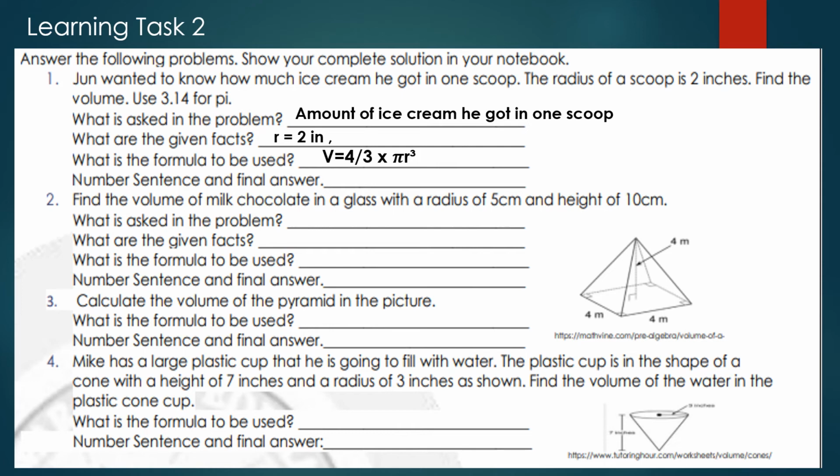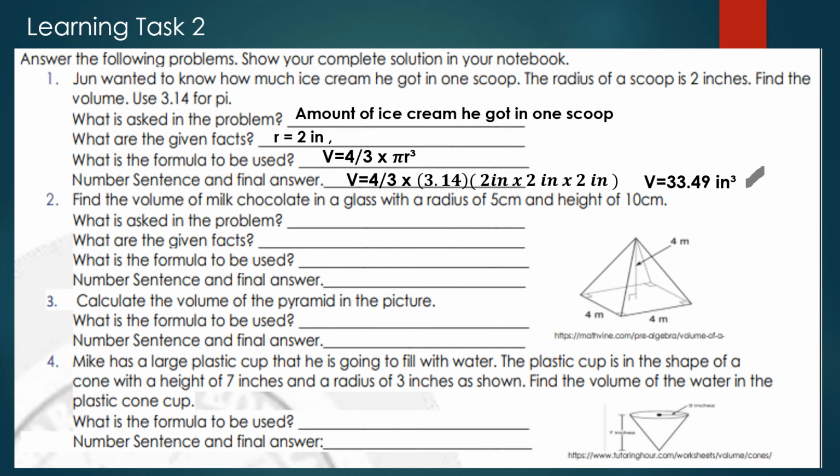Ang volume of a sphere is 4/3 times pi r cubed. So, 4/3 times 3.14 yung pi, tapos radius is 2 inches times 2 inches times 2 inches. So, pag minultiply natin lahat yan, ang final answer natin is 33.49 inches cube or cubic inches. So, this is now the volume of the ice cream he got in one scoop.